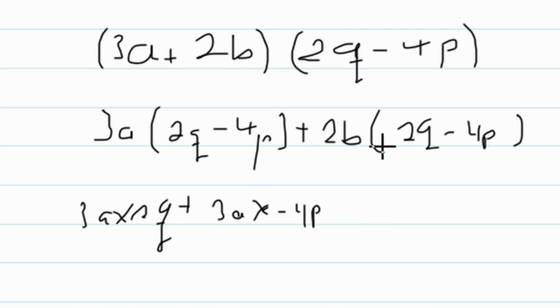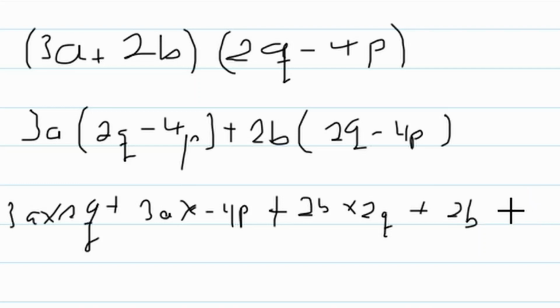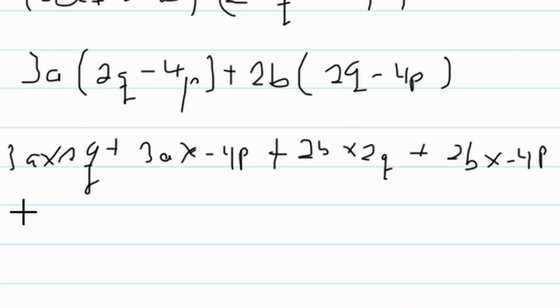Okay, then I'll come to the next expression, which is I first have my positive 2b multiplying 2q, then plus 2b, same 2b outside the bracket, multiplying minus 4p. Okay, so on this note, let's see. This is 3 multiplying 2, giving me 6. I'm going to have 6aq.